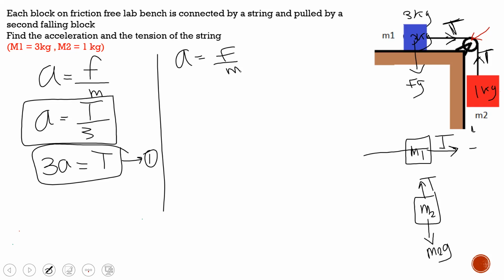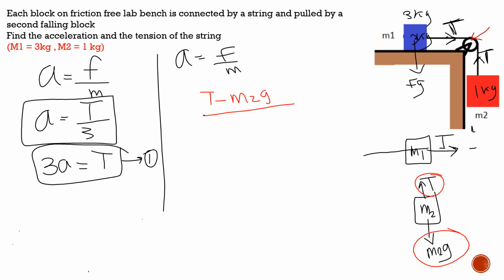What are the forces applied to M2? We have a tension and we have M2G. So we will say tension minus M2G over the mass 2 equals the acceleration. So the acceleration is the tension minus 1 times 10. So here the acceleration is T minus 10.